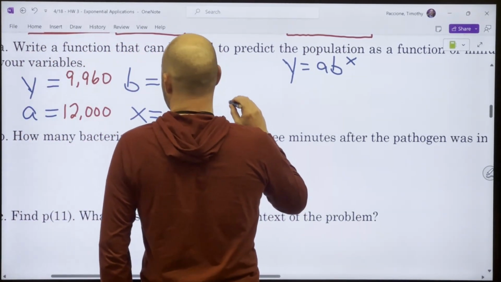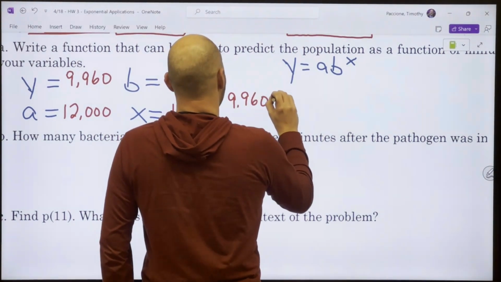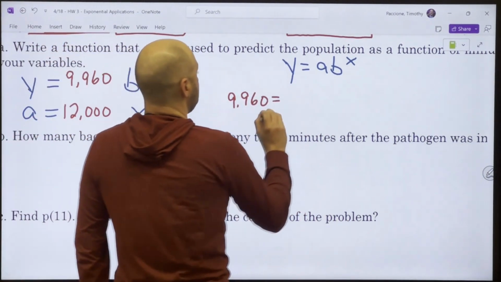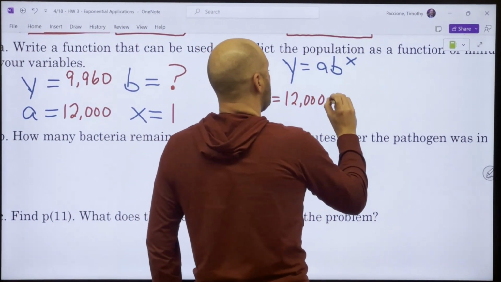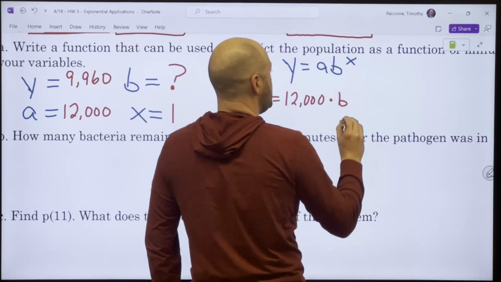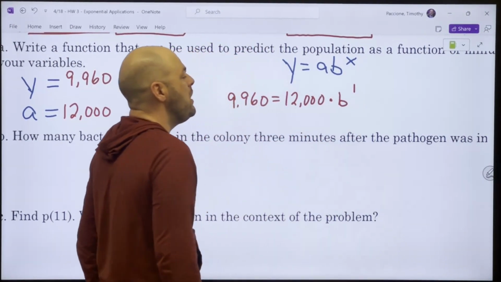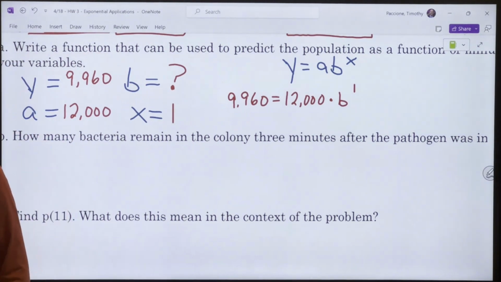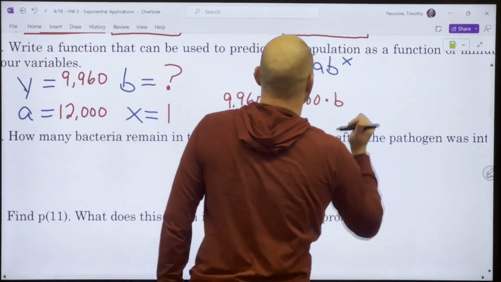So we say, okay, well, we know y, 9,960, equals our A, 12,000. We don't know B, so I'll leave B and then raise it to the 1. Okay, well, anything raised to the 1 is just itself, so I really don't need that 1. So I'm going to erase it.